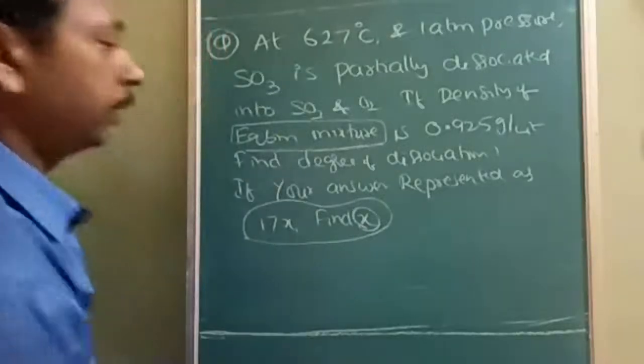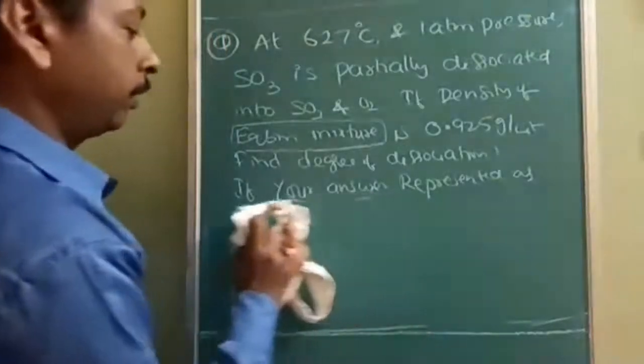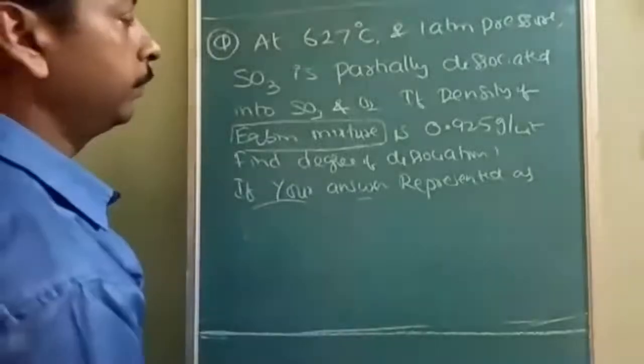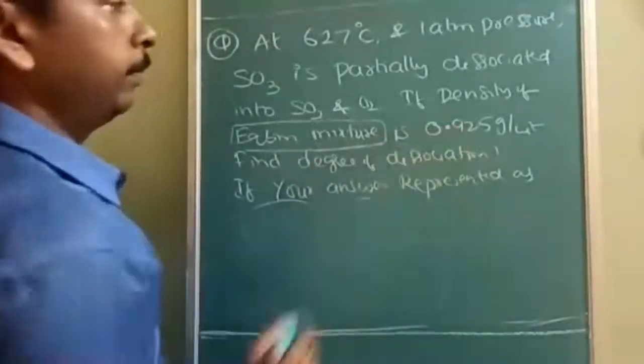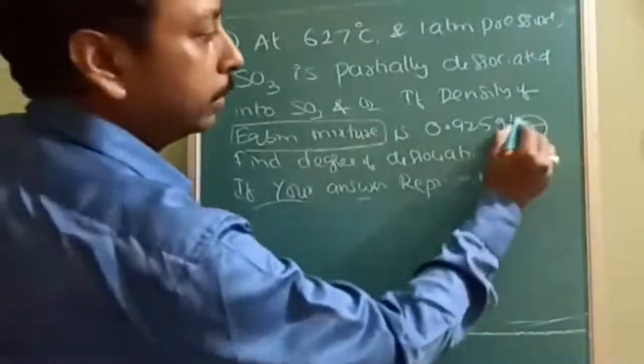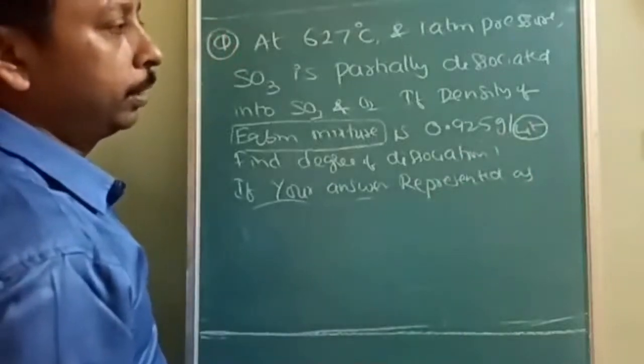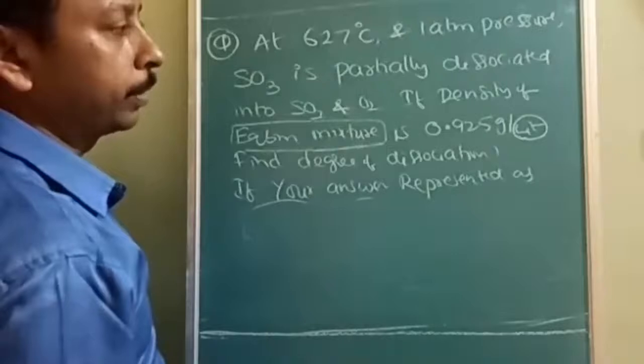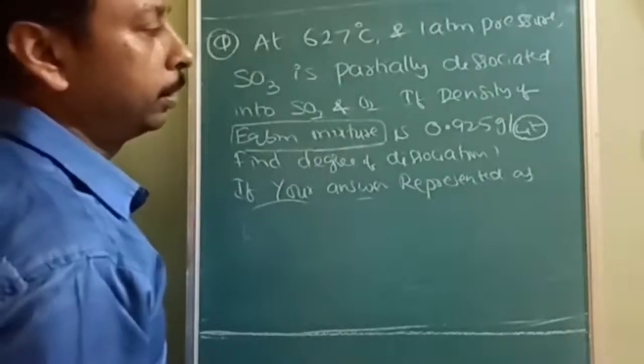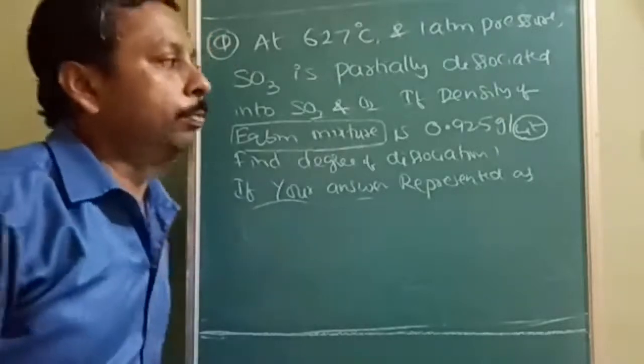Here, what is given and what you have to find out? If you are perfect, then it is very easy. For the equilibrium mixture, density is given in gram per liter. Understood? So you have to convert it into gram per milliliter, that is gram per centimeter cube.